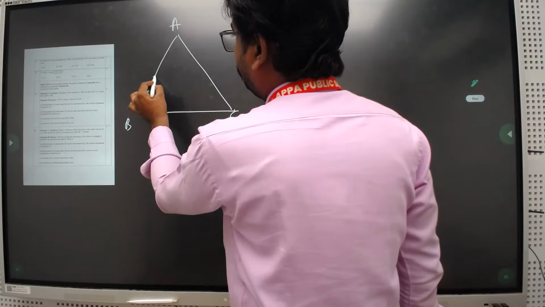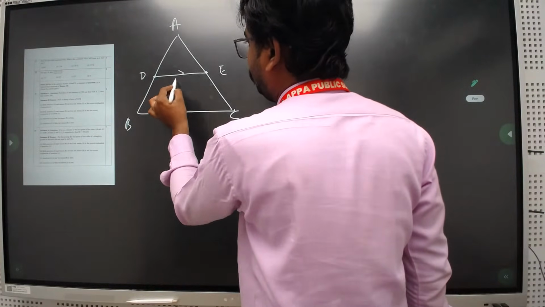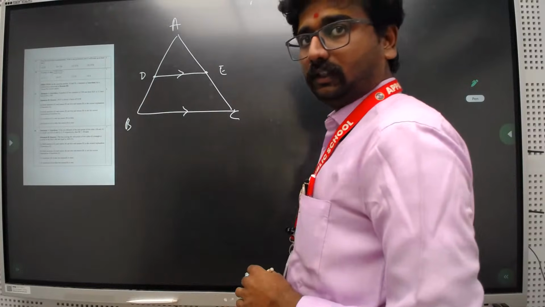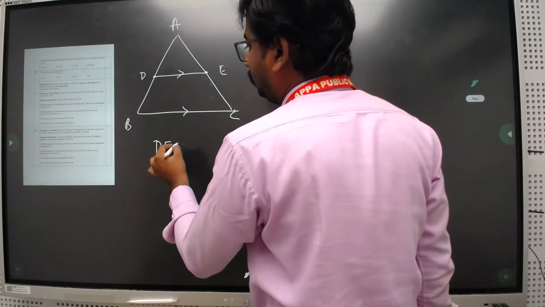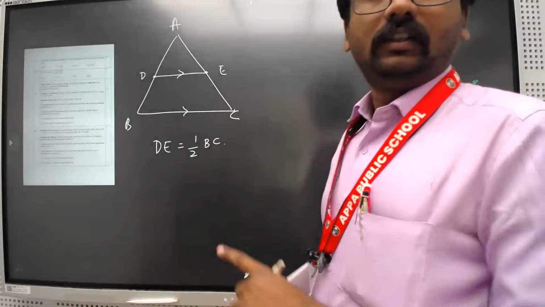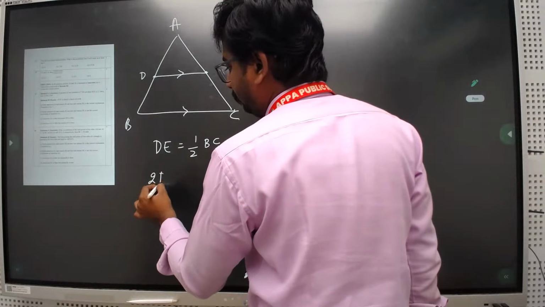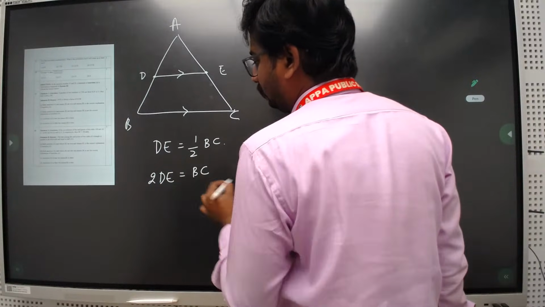If D and E are midpoints, the line joining the midpoints will be parallel to the third side and it is equal to half of the base. This is your midpoint theorem. Cross multiply. Twice of DE is equal to BC.